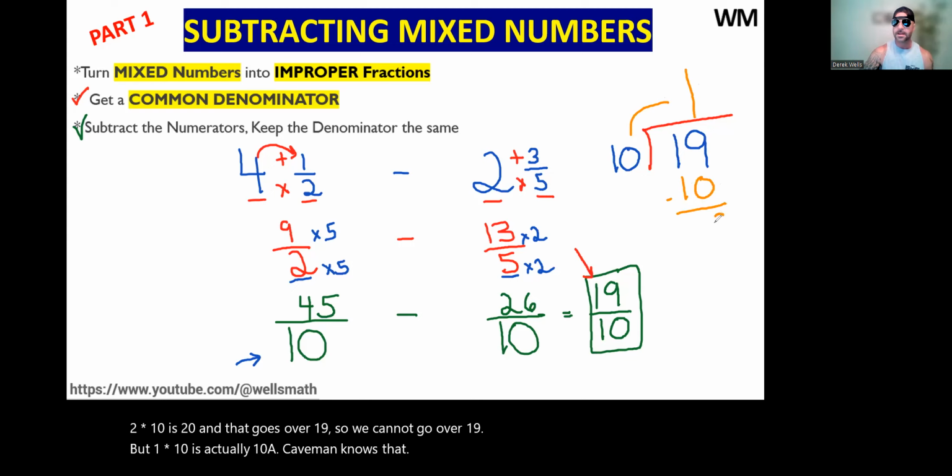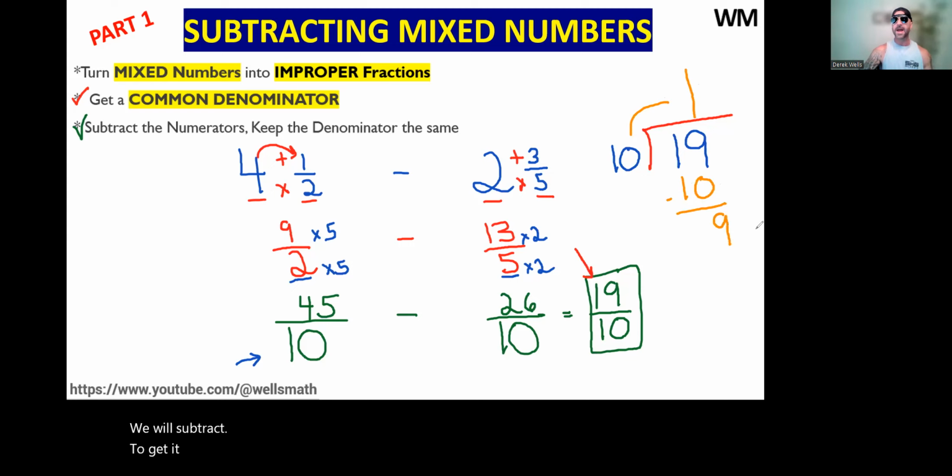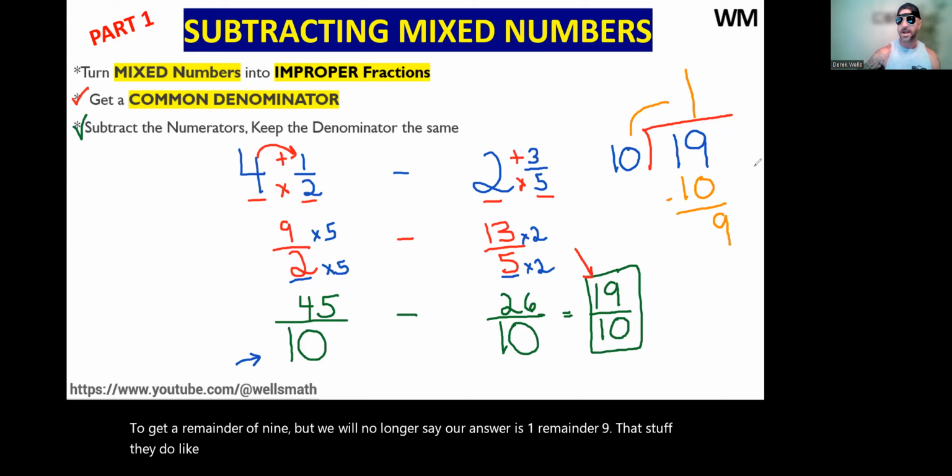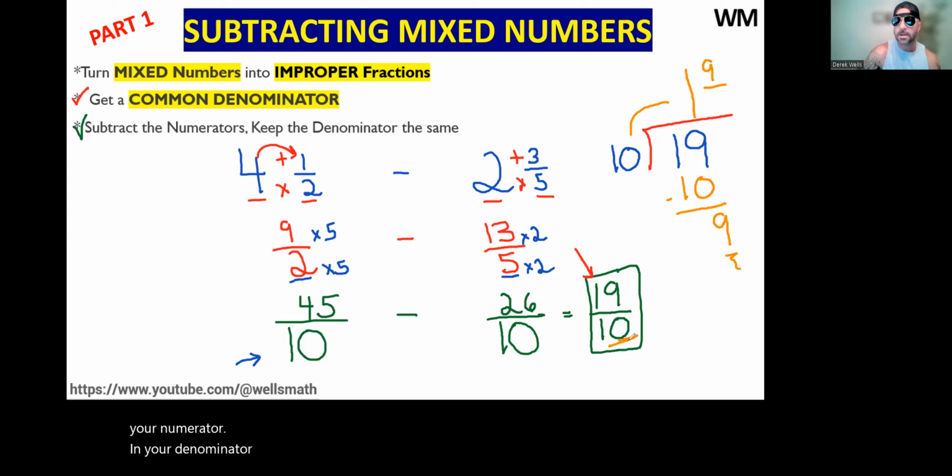We will subtract, get a remainder of 9. But we will no longer say our answer is 1 remainder 9. That's stuff they do like in 2nd and 3rd grade. From now on, your remainder will come up and become your numerator, and your denominator, which is also that divisor, will stay the same. There you go.